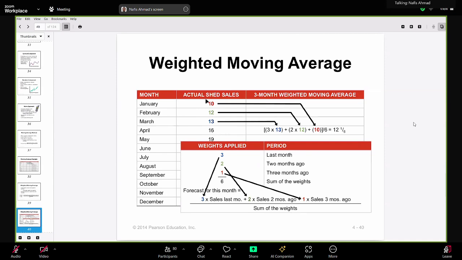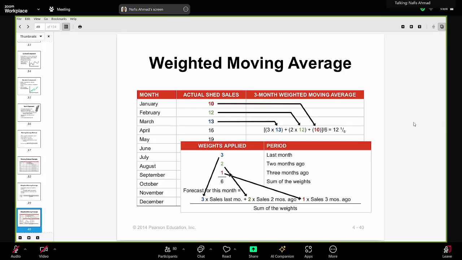In this example, the data is the same as in the previous table. We want to give more importance to the recent data and less importance to older data.